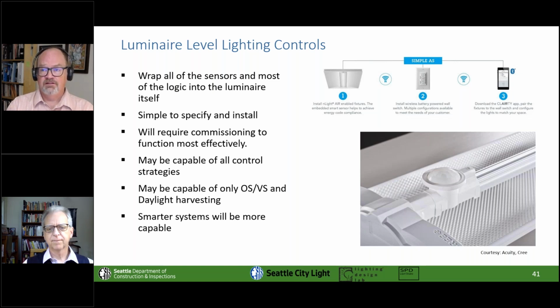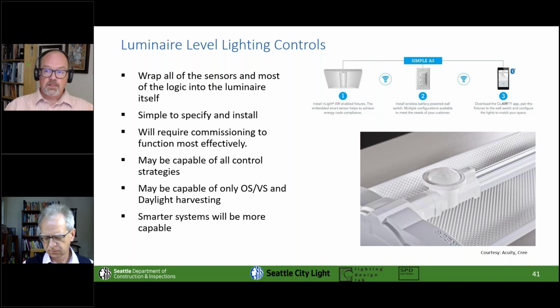The idea is that instead of the more typical approach where we have sensors in the ceiling for occupancy, vacancy, and daylight that talk to the light fixtures, we take the sensor itself and put it into the light fixture. So every single light fixture has an occupancy and vacancy sensor on board, and we have a robust network of sensing capabilities within that space.